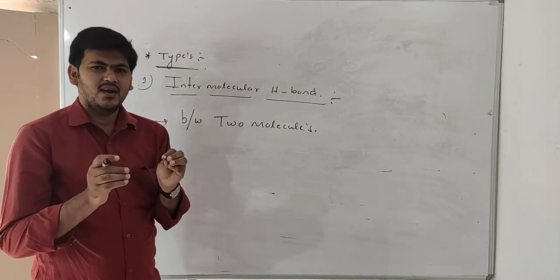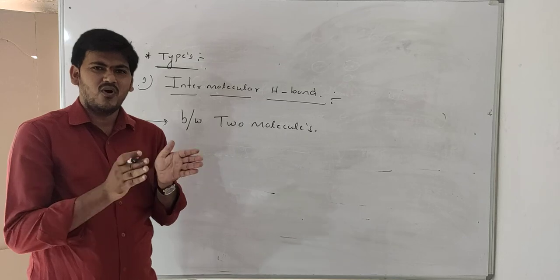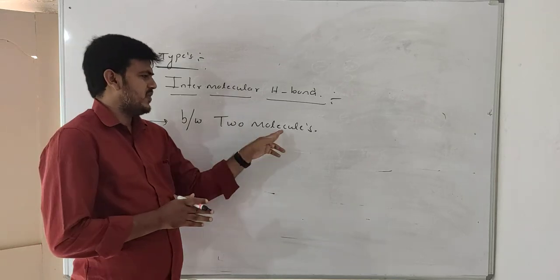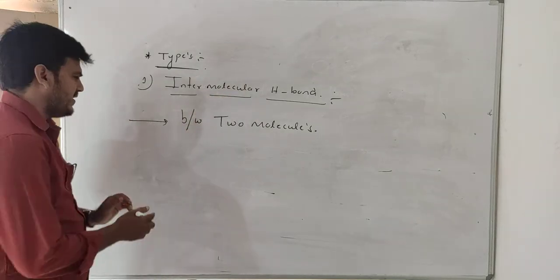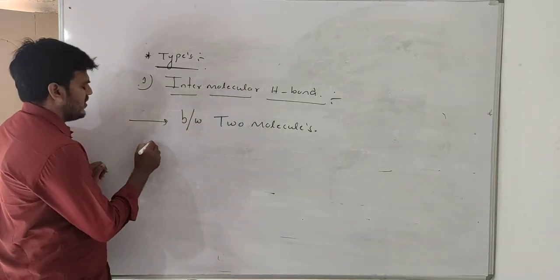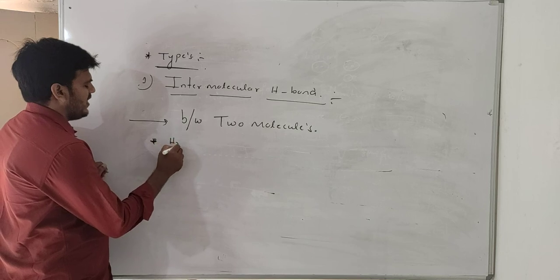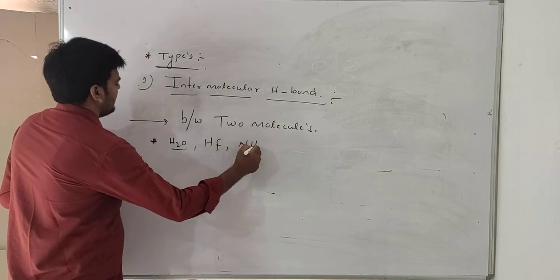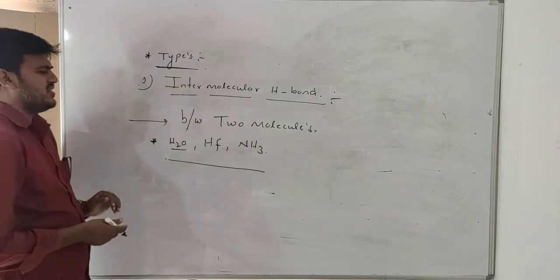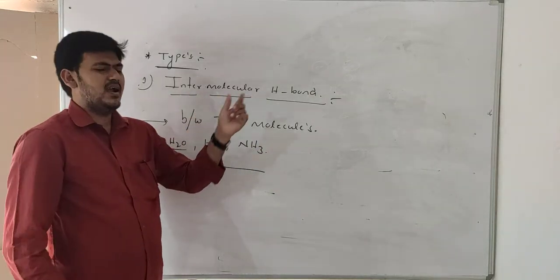Examples: water, formula H2O; hydrogen fluoride, formula HF; and ammonia, formula NH3. These are the best examples of intermolecular hydrogen bonding.